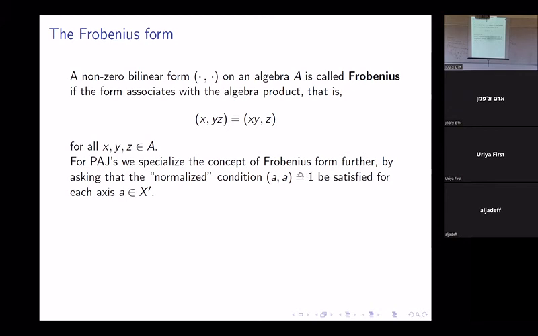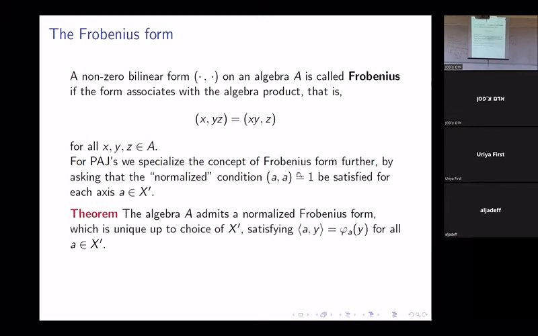And so the theorem, which essentially Spektorov and Yoav proved, although we proved it with a bit of extension, is that it has a normalized Frobenius form, which is unique up to the choice of your generating set. And this is how you get the projection onto the A axis, which gives you the coordinate of the Frobenius form.